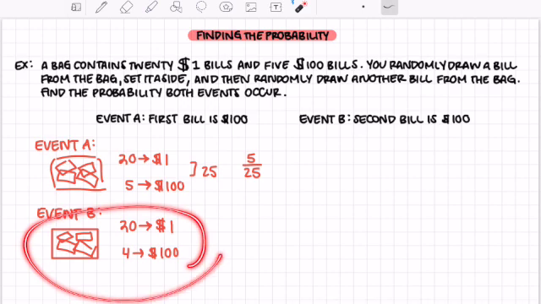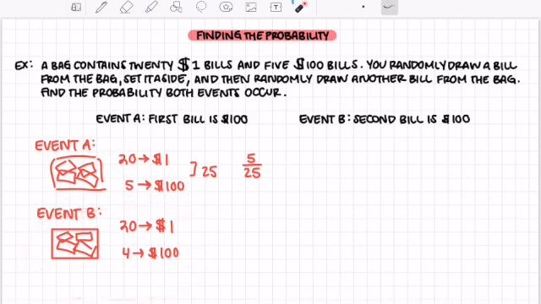But for the second one, we no longer have 5, because we took out one of those $100 bills from our bag, and so we're only left with 4. And on top of that, overall we only have 24 bills inside that bag. So I would write down that we have 4 out of the 24.